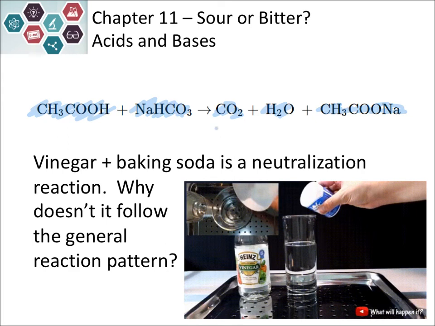Notice in this case we're making carbon dioxide in addition to the water and the salt that we've seen for other neutralization reactions. So the reason this is different is we have a weak acid and a weak base, whereas the neutralization reactions we've seen and that we're going to write actual equations for is between a strong acid and a strong base.